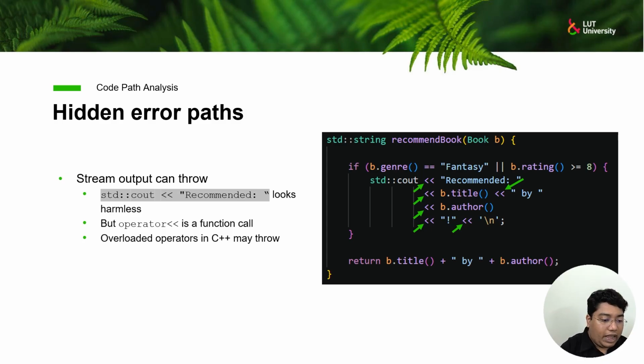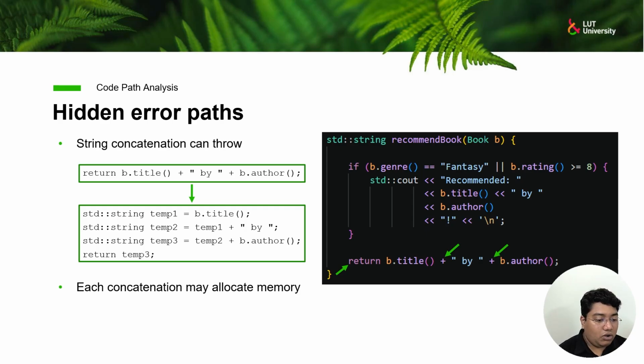That means that operator isn't magic, it's an ordinary function call with a special syntax. Under certain circumstances, stream operations can throw exceptions. It doesn't happen often, but it can happen. The important point is that even code that looks completely harmless may still introduce another hidden execution path.